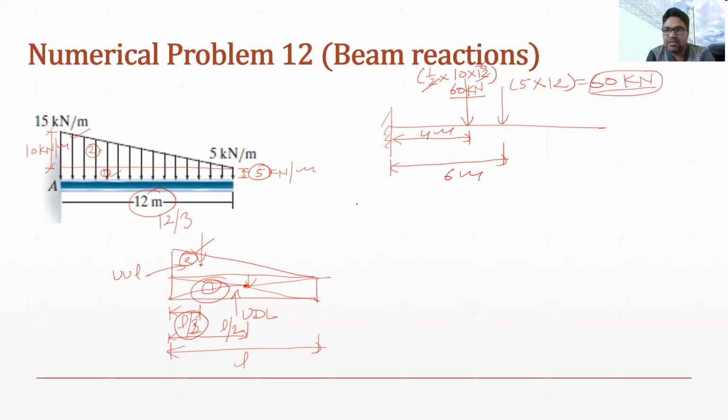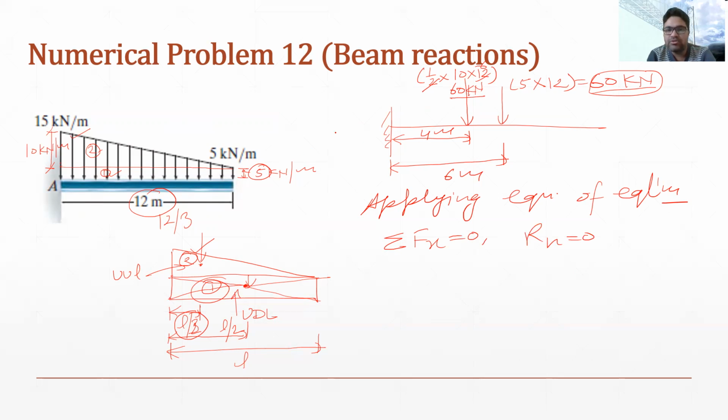Now it becomes a very simple problem. We can apply the equations of equilibrium. Summation of Fx equals 0, so RH will be 0 because there is no horizontal force.